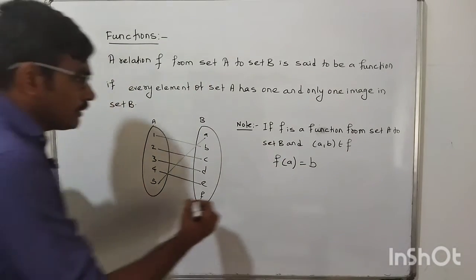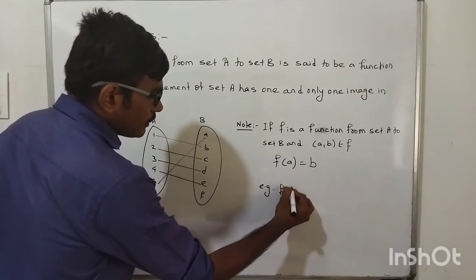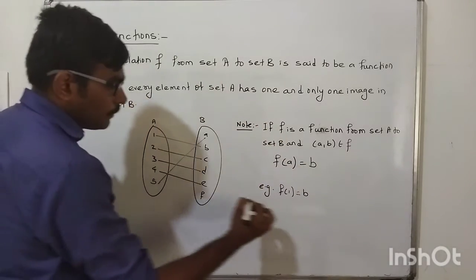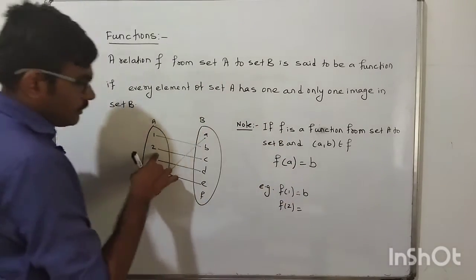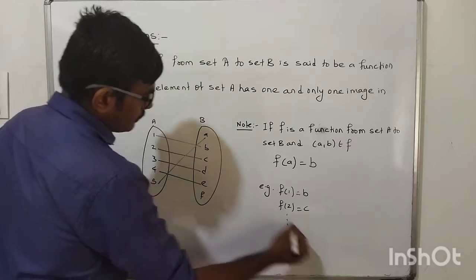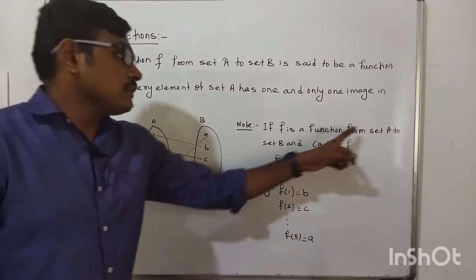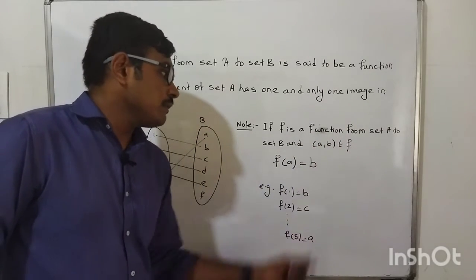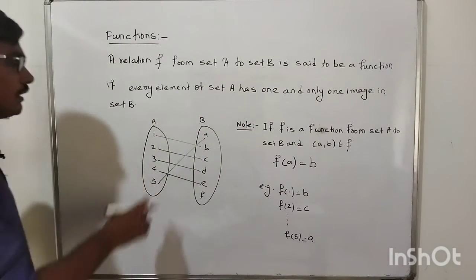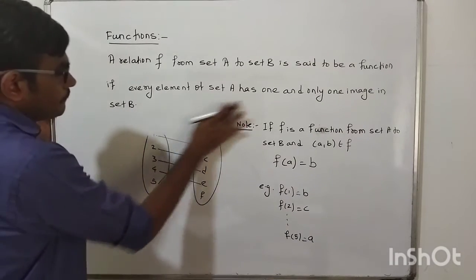For example, here f of 1 is B. F of 2 is C, understood, no? F of 5 is A. So if f is a function from set A to set B and (a, b) belongs to f, then f of a is equal to b. Remember, f of this element is equal to this element.